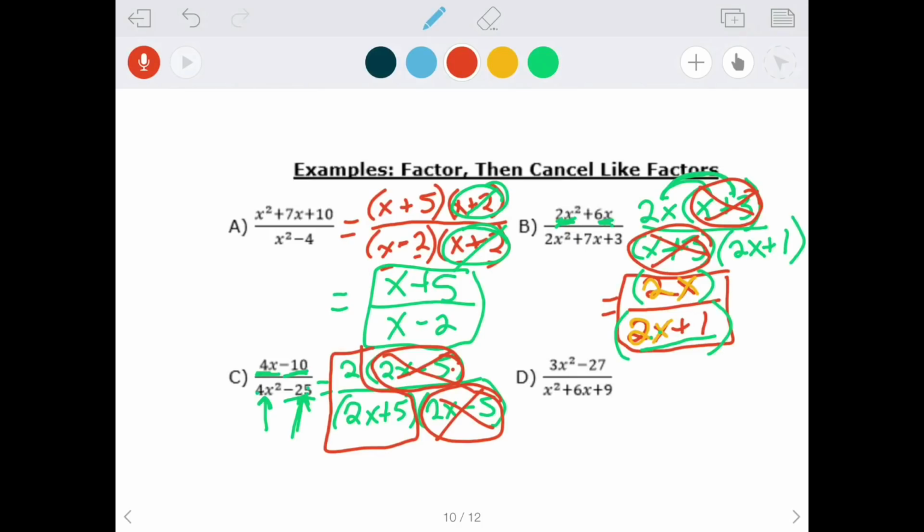Finally, our example D has a lot of things going on with it, so I'm going to go one step at a time when factoring. First off, I see that I can factor out a 3 in my top two terms, so I'm going to do that to make it 3 times x squared minus 9.